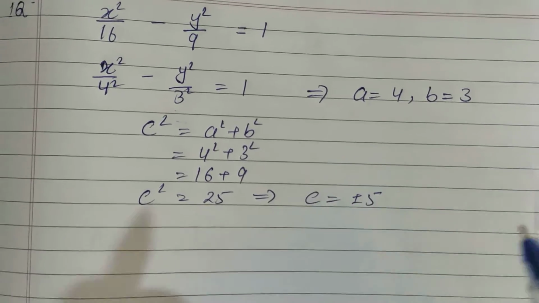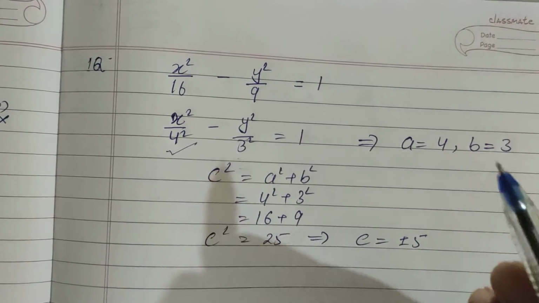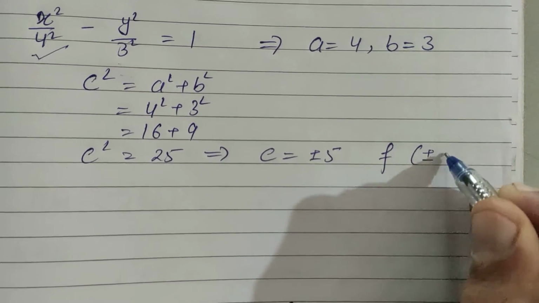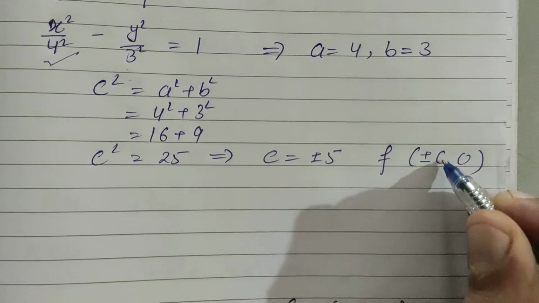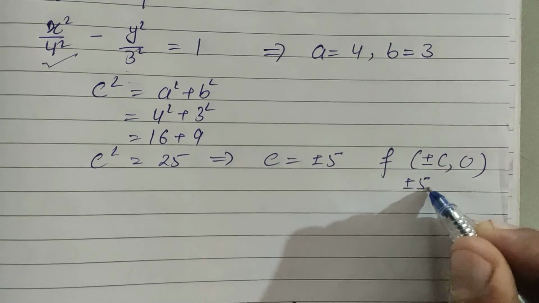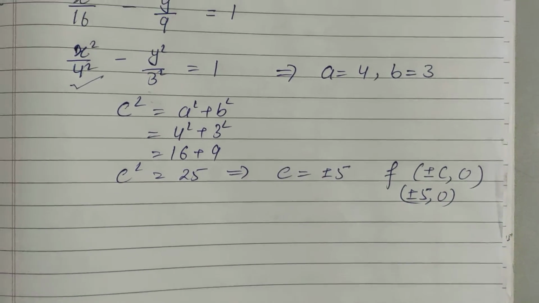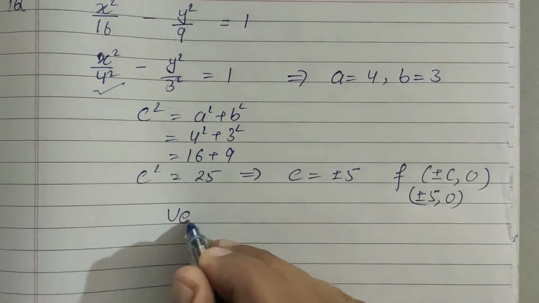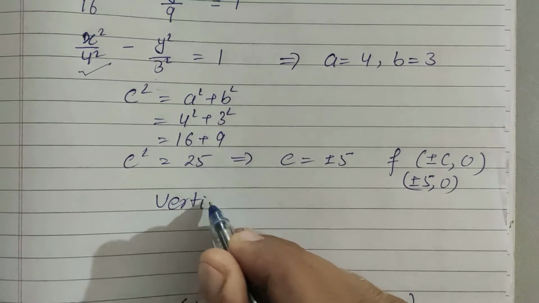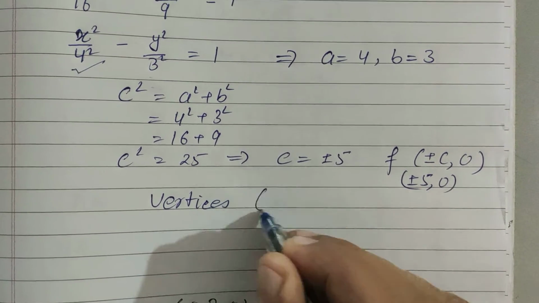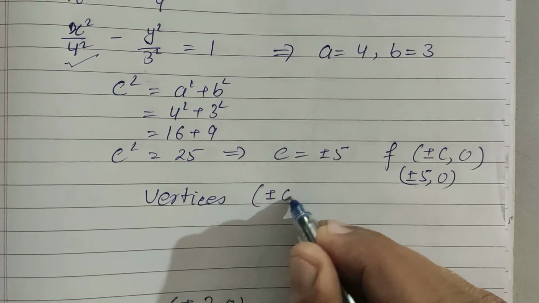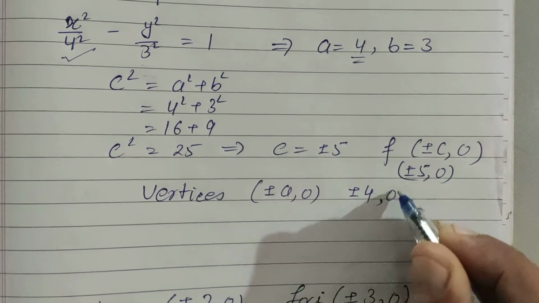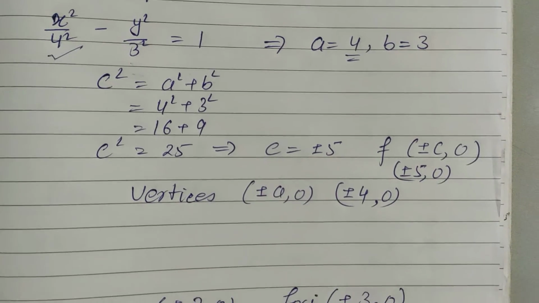The coordinates of the focus lie on the major axis or the transverse axis. So the coordinates of the focus will be (plus minus c, 0), that is (plus minus 5, 0). The coordinates of the vertices are (plus minus a, 0), that is (plus minus 4, 0).